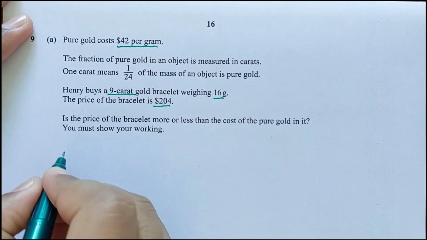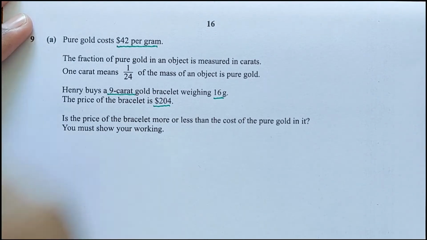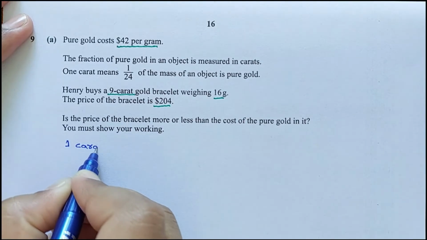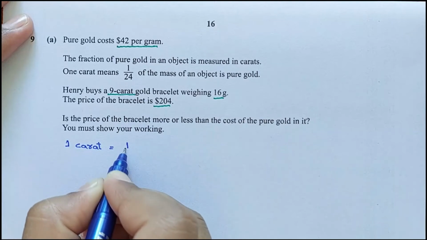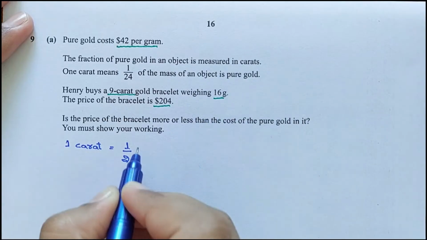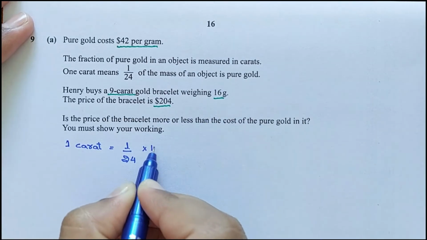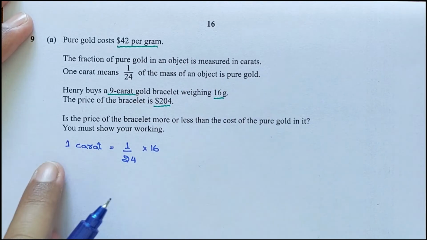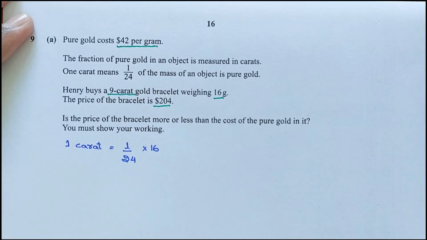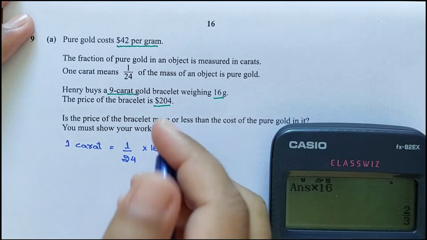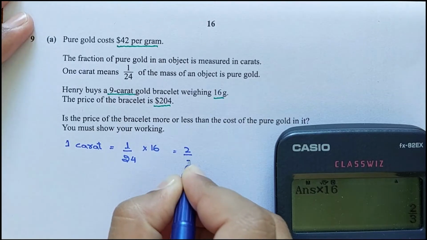So we are given the information that 1 carat means 1 by 24 of the mass of an object. The mass of the object is 16 grams, and that is pure gold, right? So this is the pure gold in 1 carat. So 1 by 24 of 16 is 2 by 3.